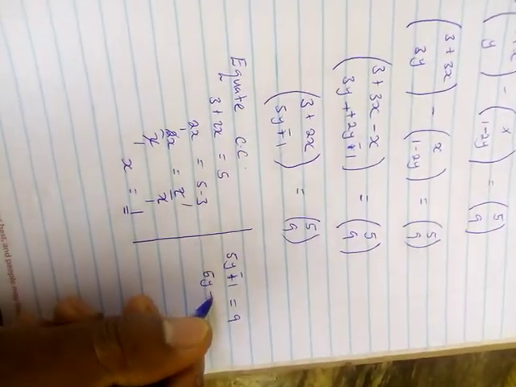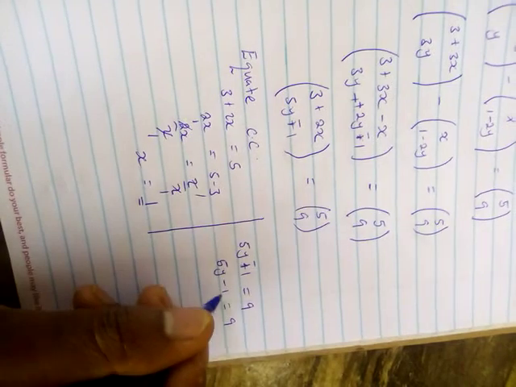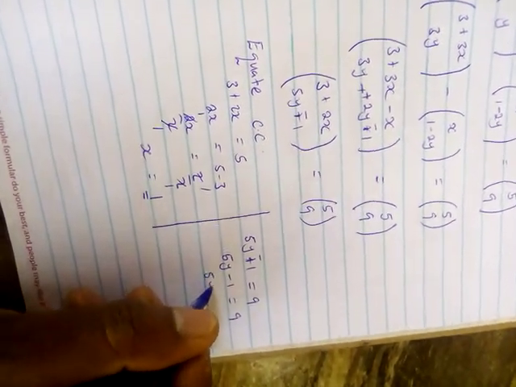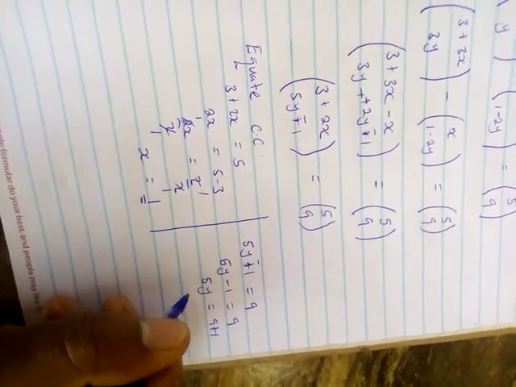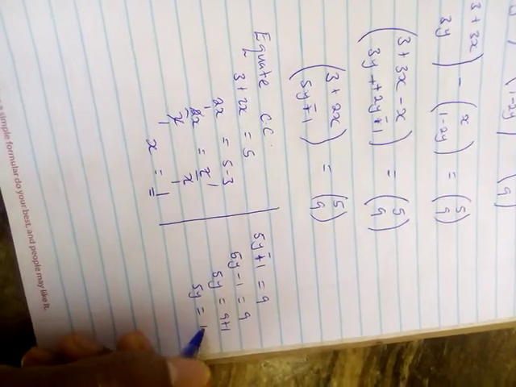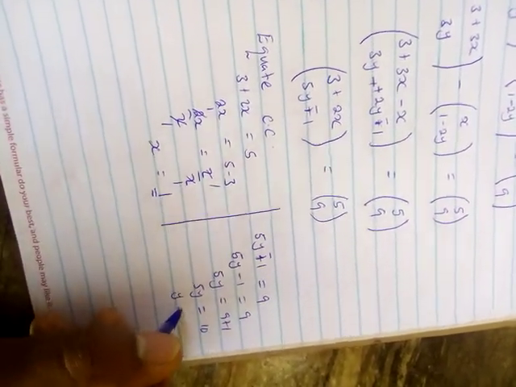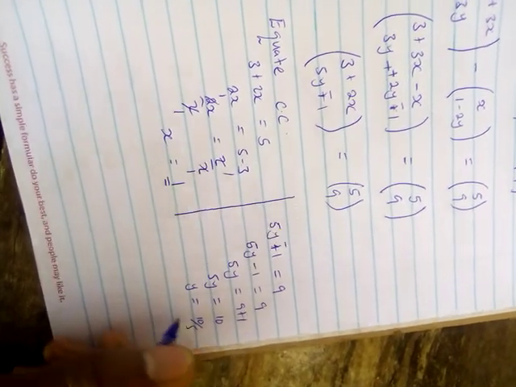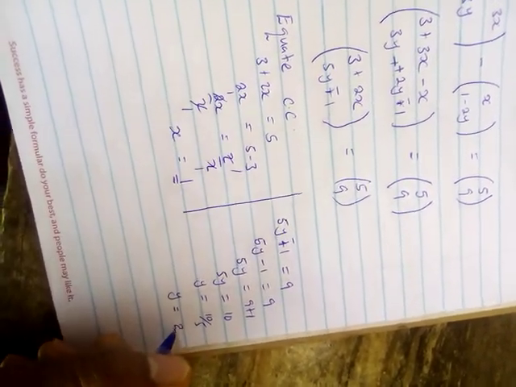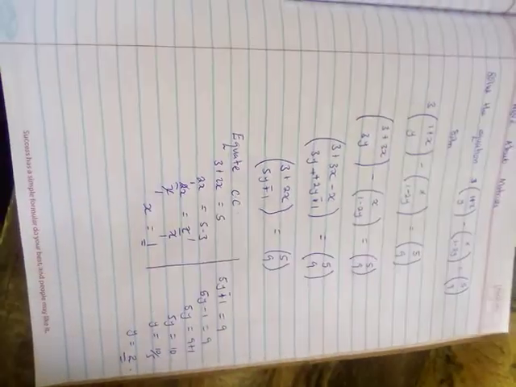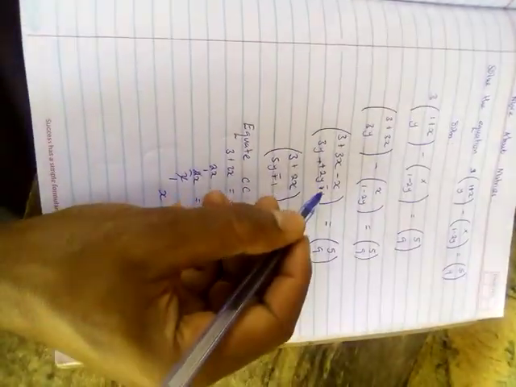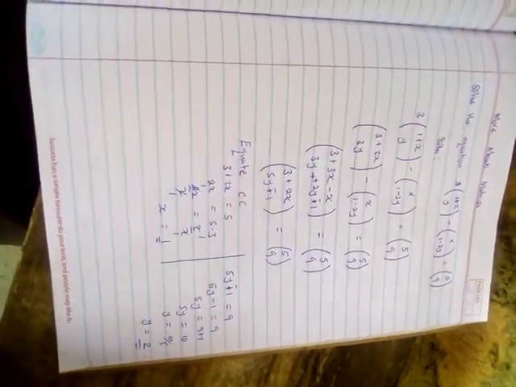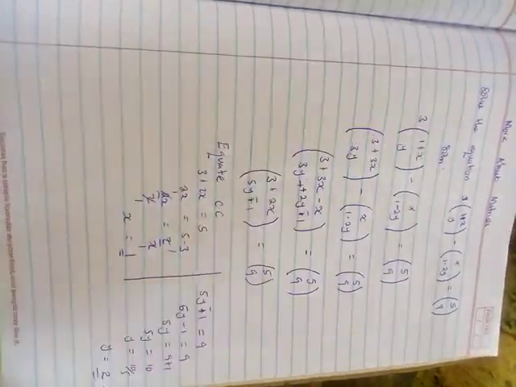So 5y minus 1 is equal to 9. We take the 1 the other side, so 5y is equal to 9 plus 1. 5y is equal to 10. Divide through by 5, y is equal to 10 out of 5. My y is equal to a beautiful 2. So yeah, it is as simple as that. Yeah, it is such a beautiful one.